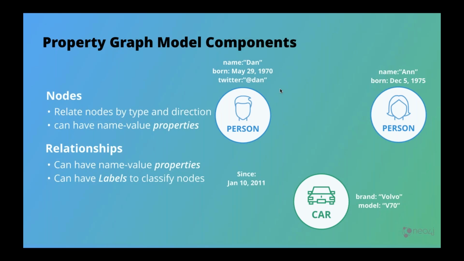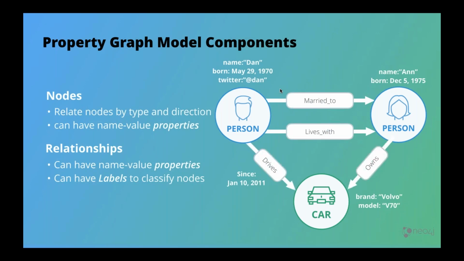Your car has a type and a model. And so those are properties. And then if we think about relationships, those also have properties as well, and labels. So you might have married to, or worked for, lives with in this case. And then, of course, drives and owns. So you have relationships, nodes, and properties for each one of those to describe them more. And that's basically what a property graph model looks like.